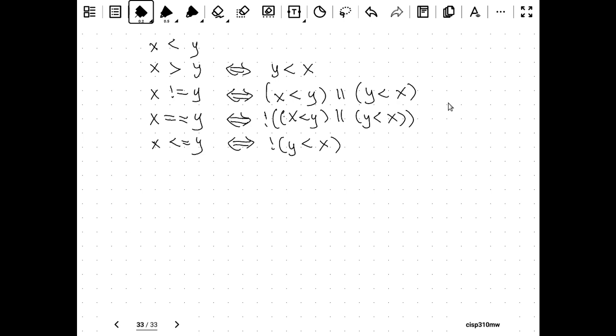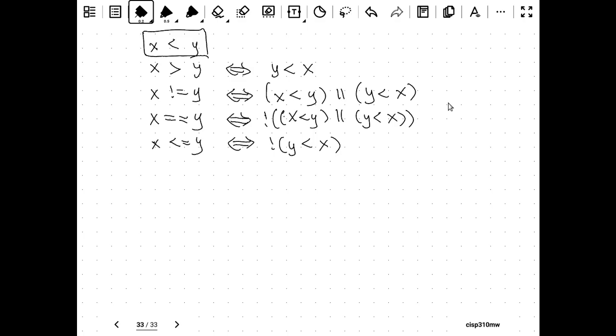We don't know how this is going to work at the transistor level yet. But all I want to say right now is that if you can tell whether x is less than y, that's all we need, because the rest can be derived from just knowing whether the left-hand side is less than the right-hand side.